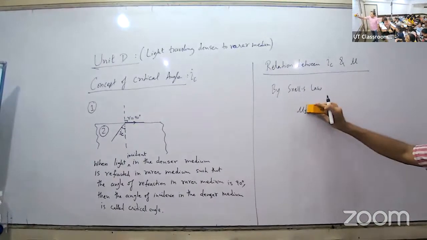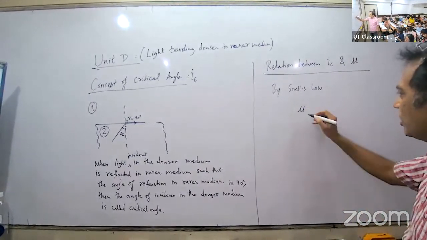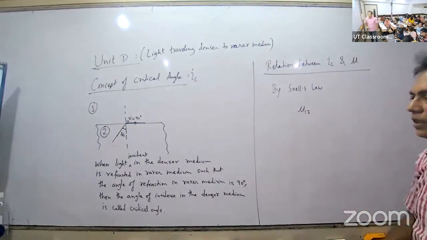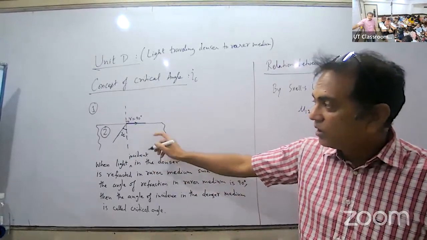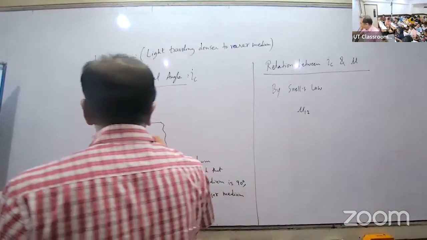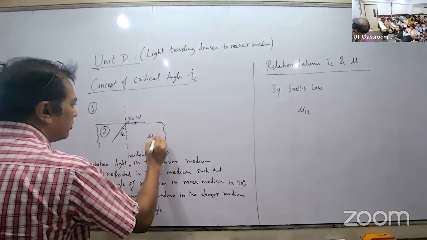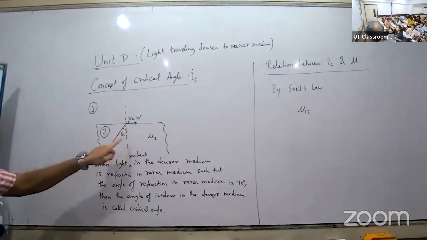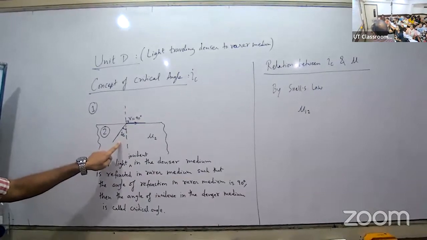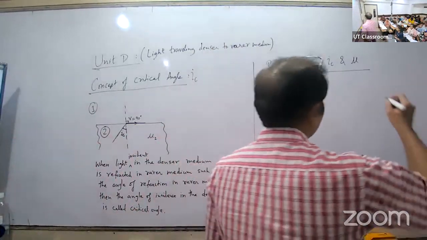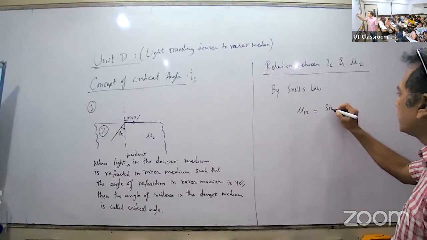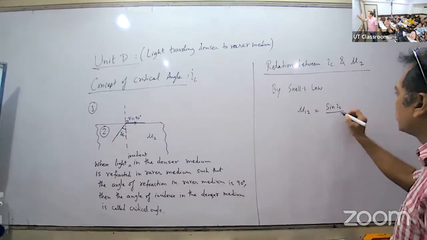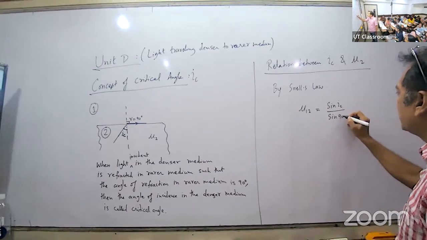What is the refracting medium? mu12. ठीक है, लेकिन हमको रिलेशन किसमें निकालना है? इस मीडियम के रिफ्रैक्टिव इंडेक्स में. हमको mu2 और IC में रिलेशन निकालना. ठीक है, सो mu12 क्या देगा हमको? साइन ऑफ IC अपॉन साइन ऑफ 90.